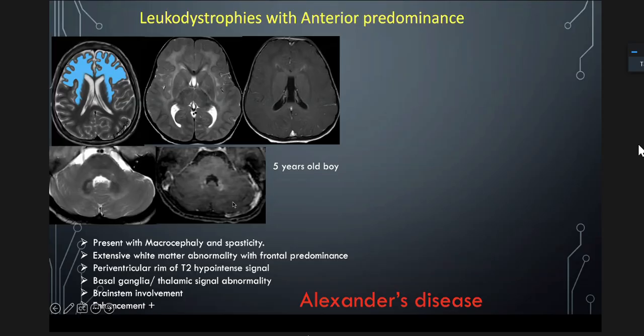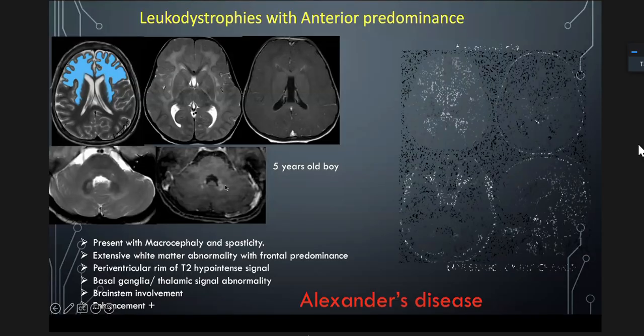So, there are some criteria to diagnose Alexander's disease: white matter involvement with frontal predominance, periventricular rim of T2 hypointense signal, basal ganglia and thalamus involvement, brainstem involvement, and enhancement. Enhancement is an important criterion.